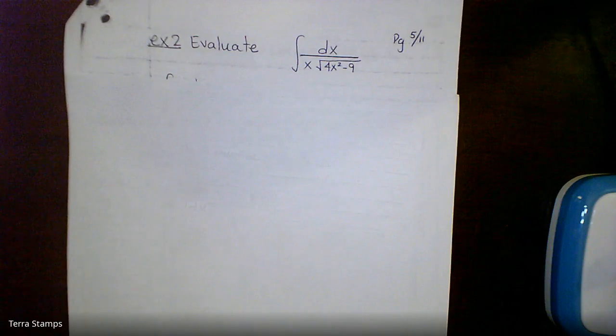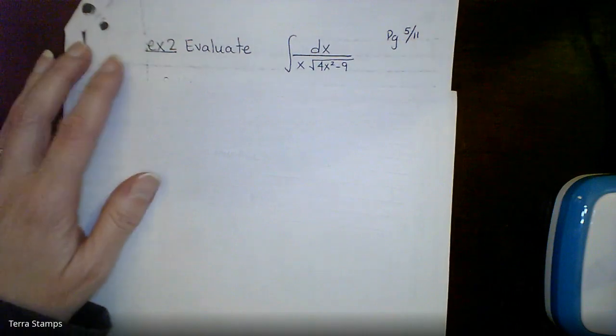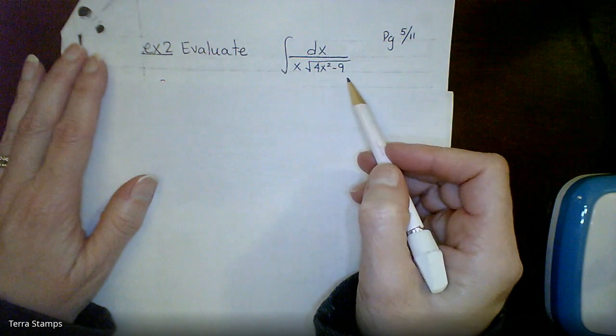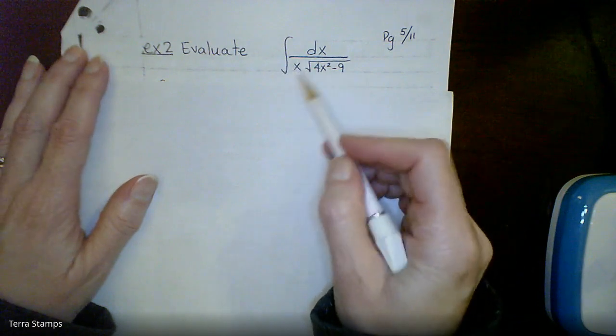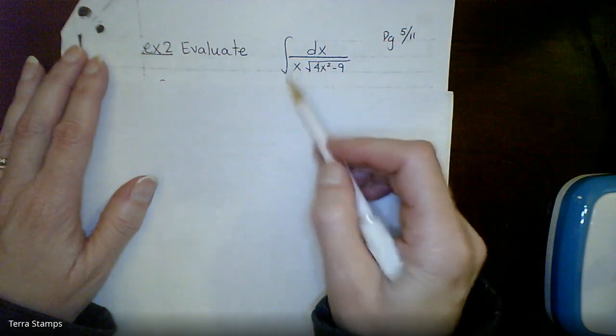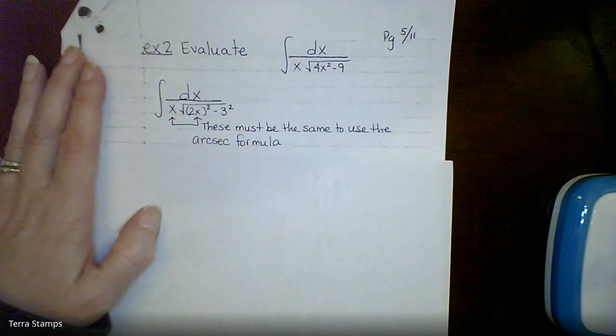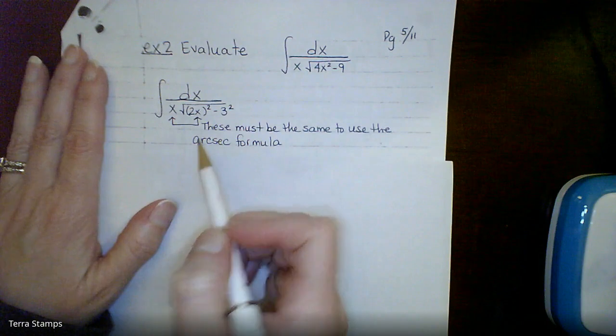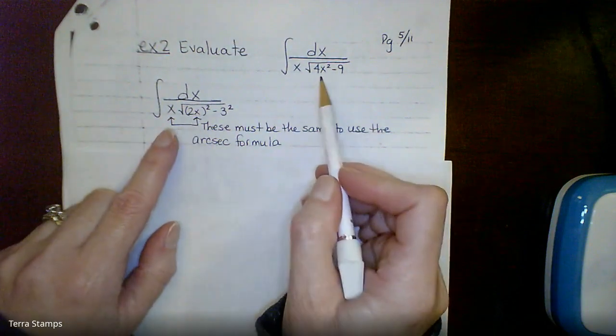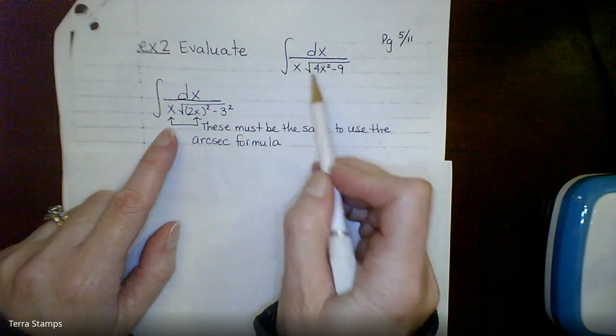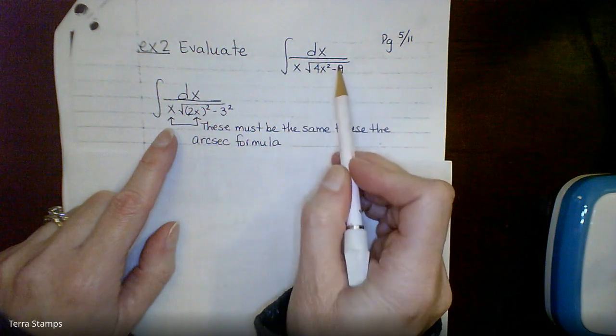All right, so if we want to evaluate this one, it's giving some arcsecant vibes because of that outside x. In order to use that arcsecant formula, the first thing I did was go ahead and rewrite this as u squared minus a squared.